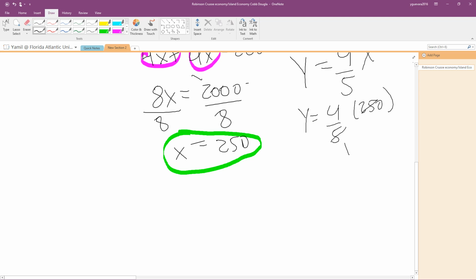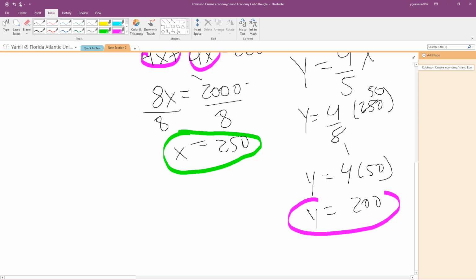So y equals 200. Okay, there you go. So we got optimal quantity of y that's gonna maximize the utility of this consumer is 200. The optimal quantity of x that is gonna maximize the utility of this consumer is 250.